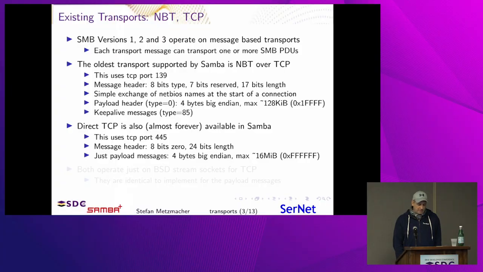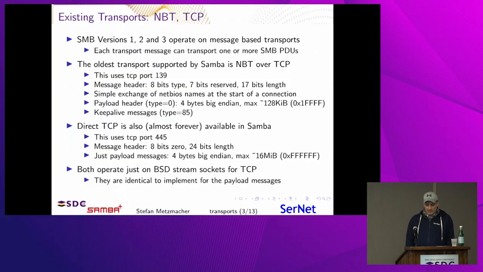Then over the years, direct TCP support was added. This is port 445, which is the common one, which is used today. And it skips all this first exchange and the keep alive and so on, and just relies on TCP keep alive, and it just has one message header, 8 bits of 0 and 24 bits of length. So we can send messages up to 16 megabytes.